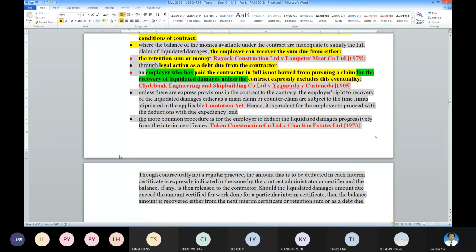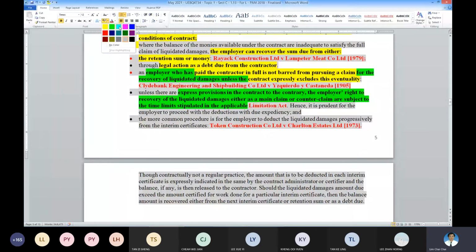Next. Usually, if you want to get the money, please do so within the time limit of the Limitation Act. If not, your right is going to expire. Therefore, it's advisable to deduct timely.